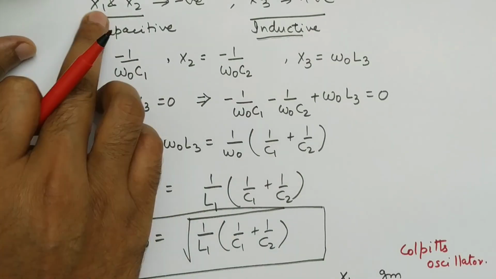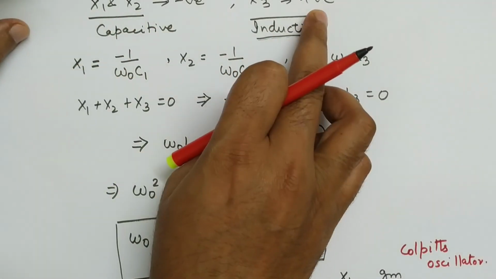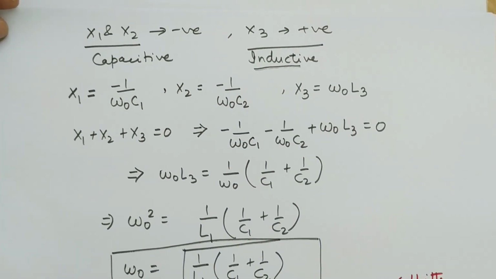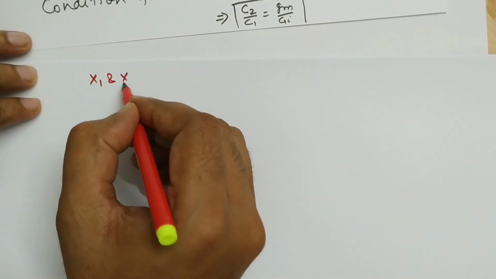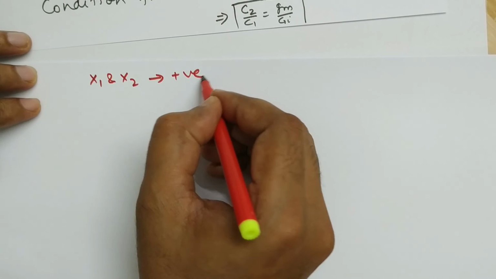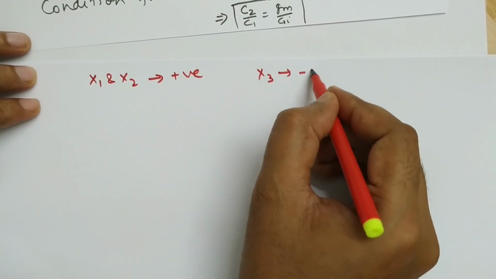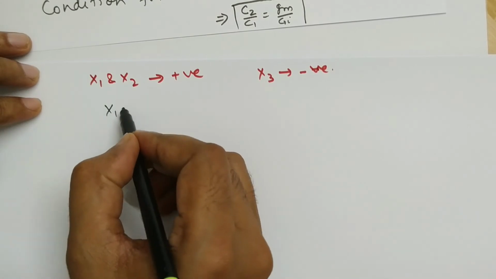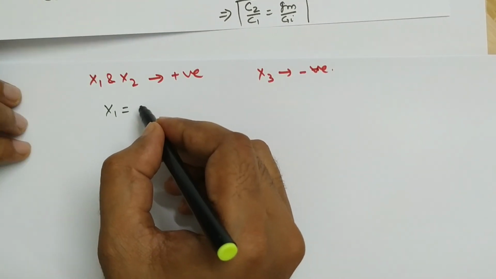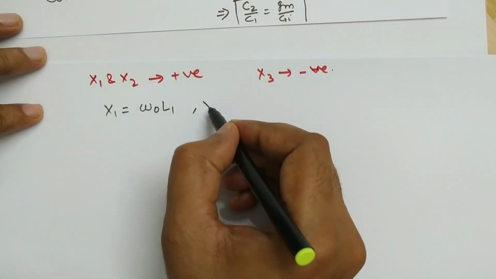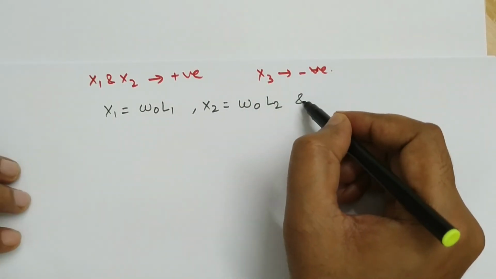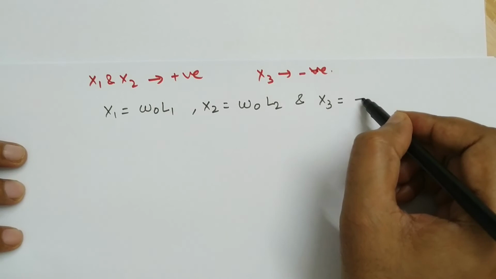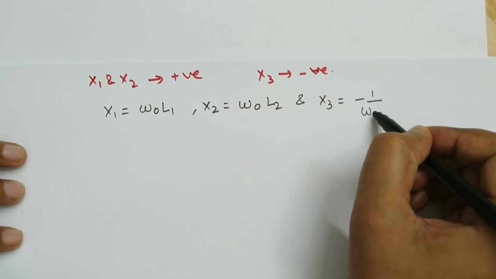Similarly, by taking x1 and x2 positive and x3 negative, we can design another type of oscillator. So let us take that x1 and x2 positive and x3 negative. X1 will be equal to omega naught L1, x2 equal to omega naught L2, and x3 equal to minus 1 by omega naught C3.